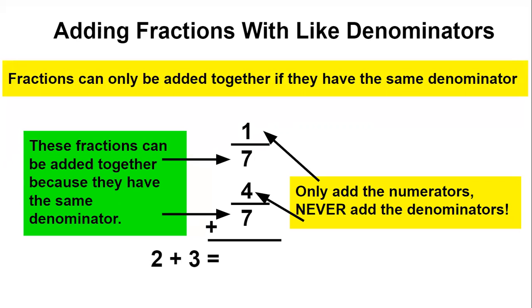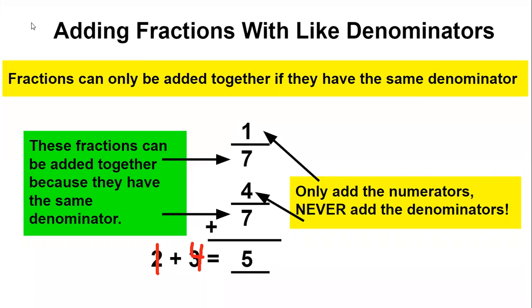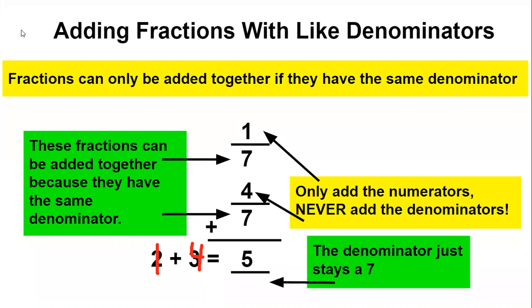Oops, I forgot to change that. That should say 1 plus 4. Occasionally I forget to do that. 1 plus 4 is equal to, hopefully I changed this one, yes, 5. And what's my bottom number? My bottom number stays a 7. 5 sevenths. So 1 seventh plus 4 sevenths is 5 sevenths.